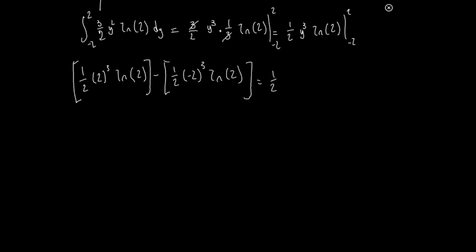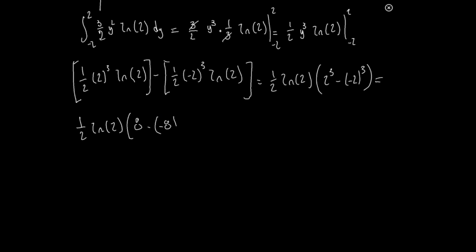We had 1/2 ln2 times 2 cubed minus -2 cubed, right? And that comes out to 1/2 ln2 times 8 minus -8, which is just 8 plus 8, which is 16. So we have 1/2 of 16, which comes out to 8 ln 2.